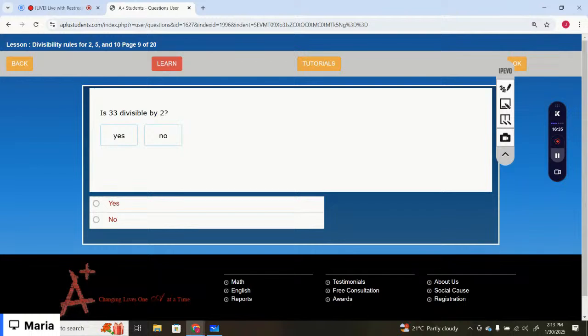Is 33 divisible by 2? 33 is not divisible by 2. The correct option is no. Is 70 divisible by 10?